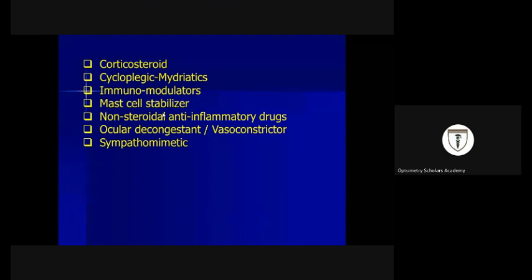So what the drug does is to constrict the blood vessels, because the reason why the eyes are red is because the blood vessels on the eyes are swollen. So they are now dilated. So that contributes to the redness. So the decongestants or vasoconstrictors, what they do is to constrict these blood vessels. By constricting the blood vessels, the redness reduces.